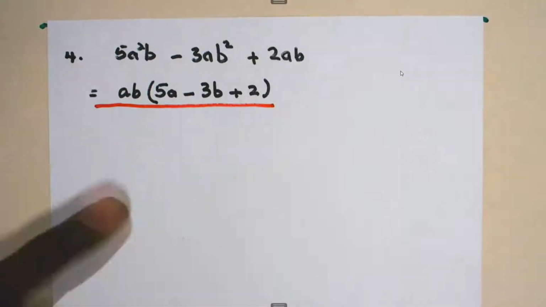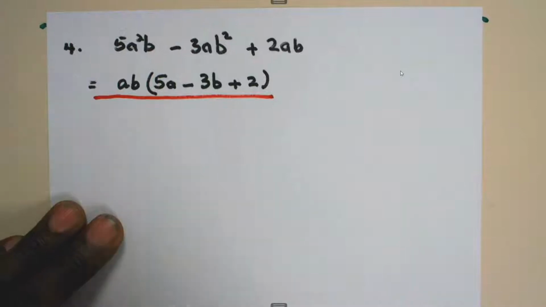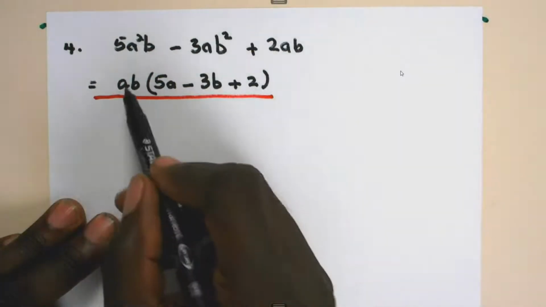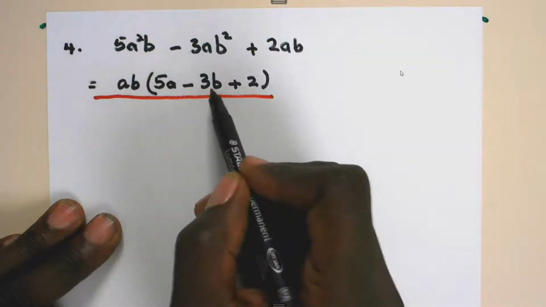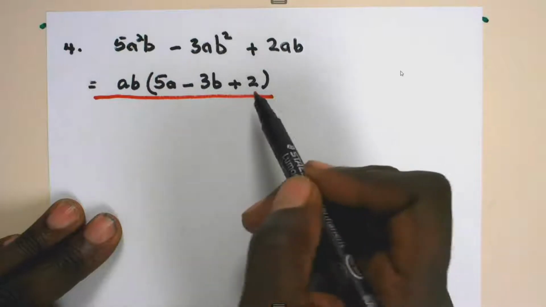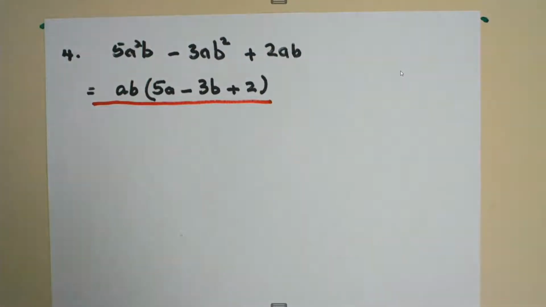Is this the same as type 1? Yes, this is the same as type 1 of factorization, whereby we're taking out a common factor. Now, we can multiply it back. When we multiply it, it will be 5a squared b, 3ab squared, and then 2ab. That is that. This is still type 1 of factorization.